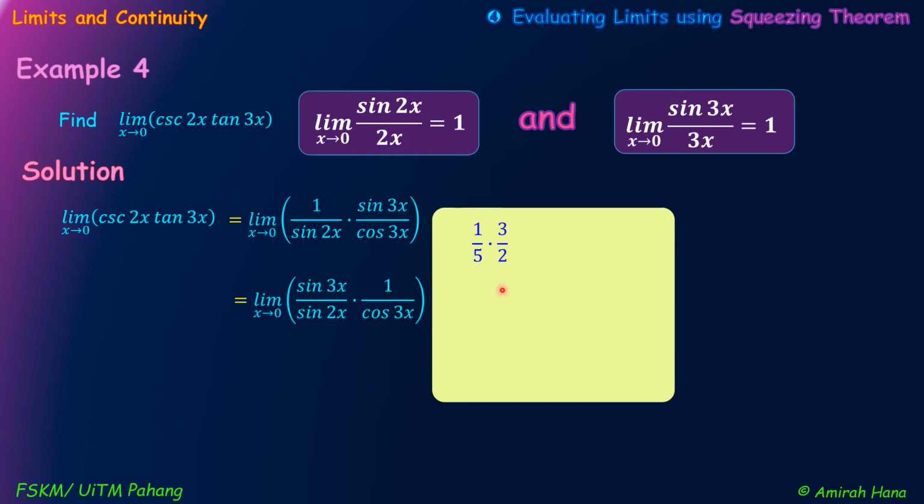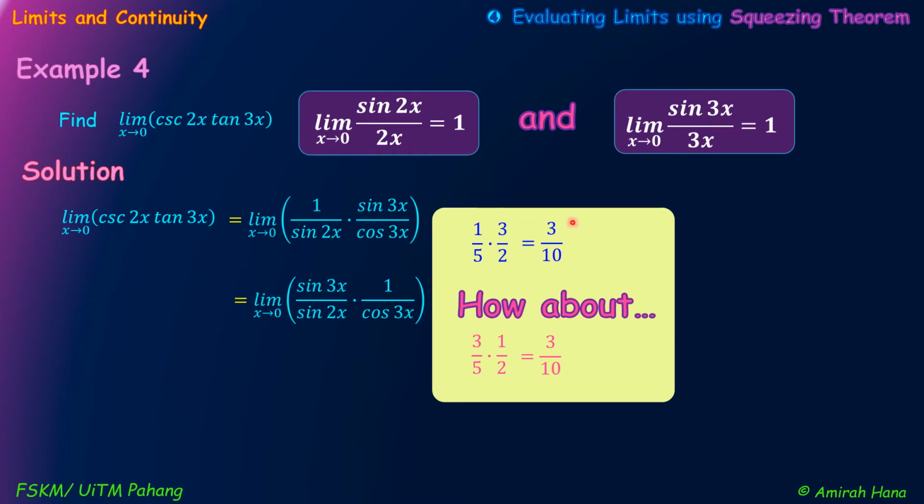Look at this. Let's say we have 1 over 5 times 3 over 2. The answer equals 3 over 10. We multiply numerator and numerator, and we multiply denominator and denominator. So we get this. How about if we have 3 over 5 times 1 over 2? We get the same answer, which equals 3 over 10, because we multiply numerators 3 and 1 here, and we multiply denominators 5 and 2 here.